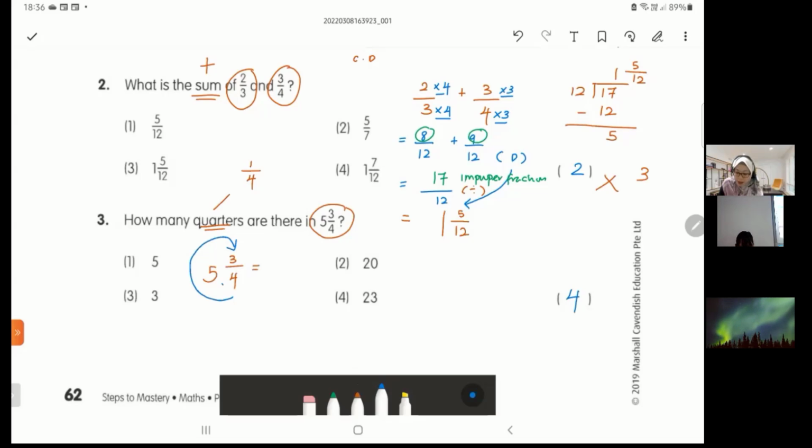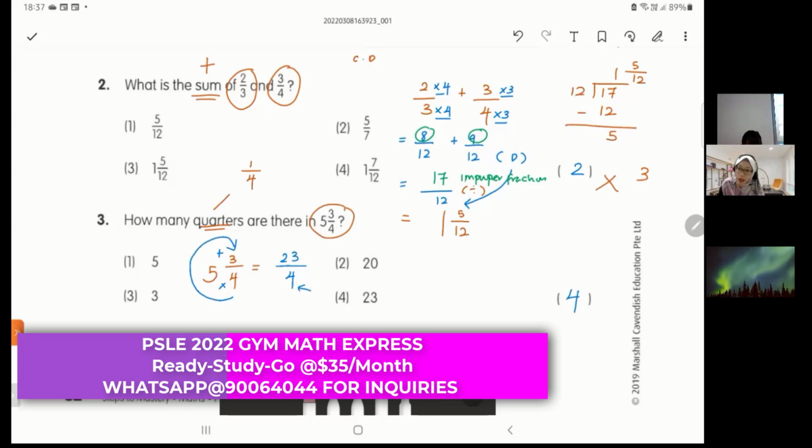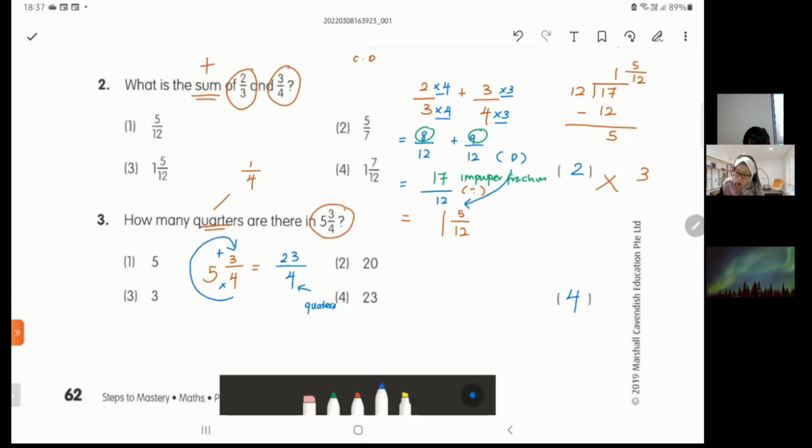This is times and this is plus. 4 times 5 is 20. 20 plus 3 is 23 over 4. Okay, so you know that 4 is also known as quarters, right? So how many quarters are there? Just look at the numerator. What's the number there? 23. So the answer is number 4. 23 is your answer, is the quarters. How many quarters are there? There are 23 quarters.